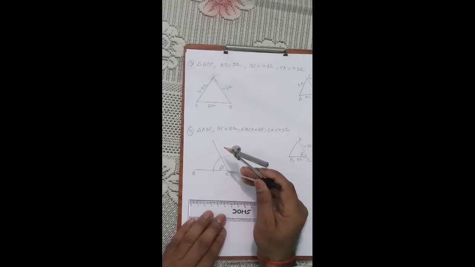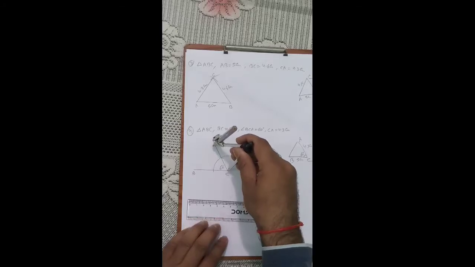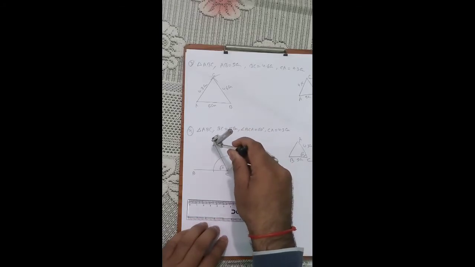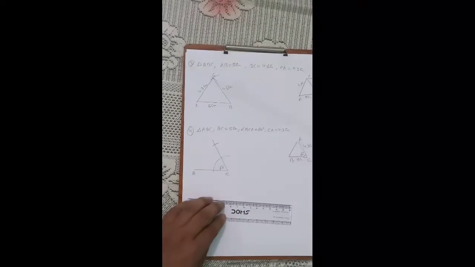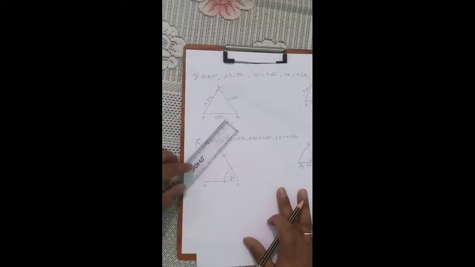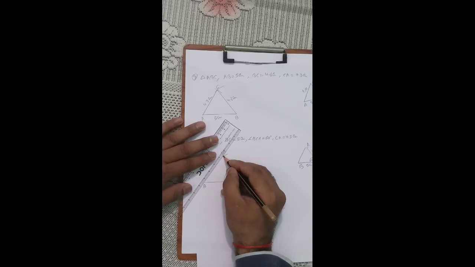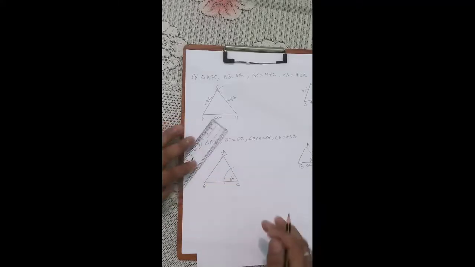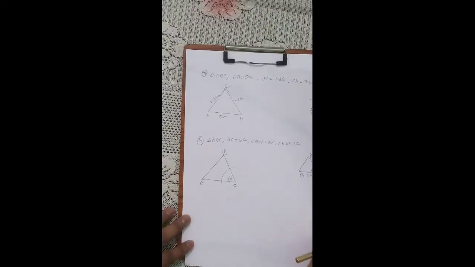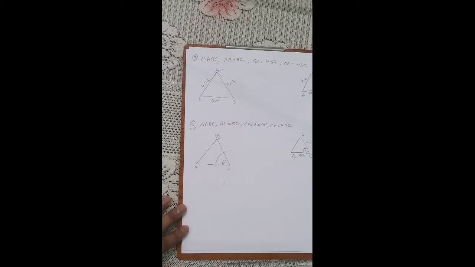Now taking C as a center, we will make an arc which will intersect this line at a point. This point will be A, and with the help of a scale A will be joined with B. So this is your required triangle in which two sides and one angle are given.